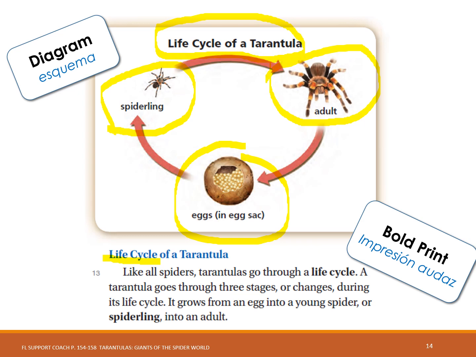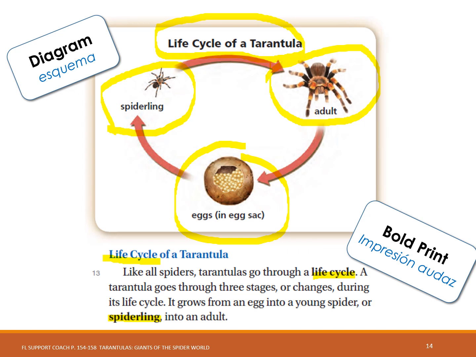And along within this detail, we see 2 bold print words or phrases. So that means it's going to tell us something specific about those words or phrases. So we've got the word life cycle in case you hadn't read anything about a life cycle before. And then we also have the word spiderling. And right along with that word spiderling, we've got that comma or happening.